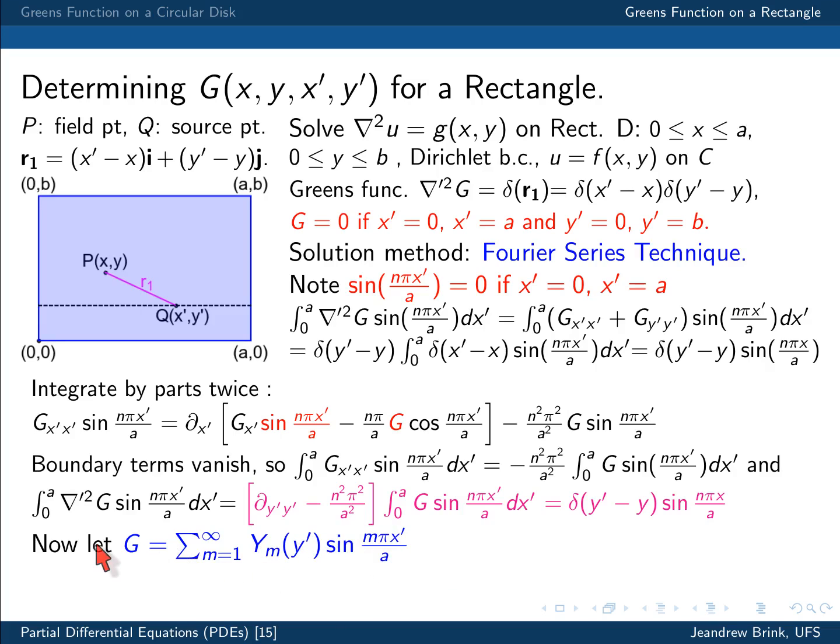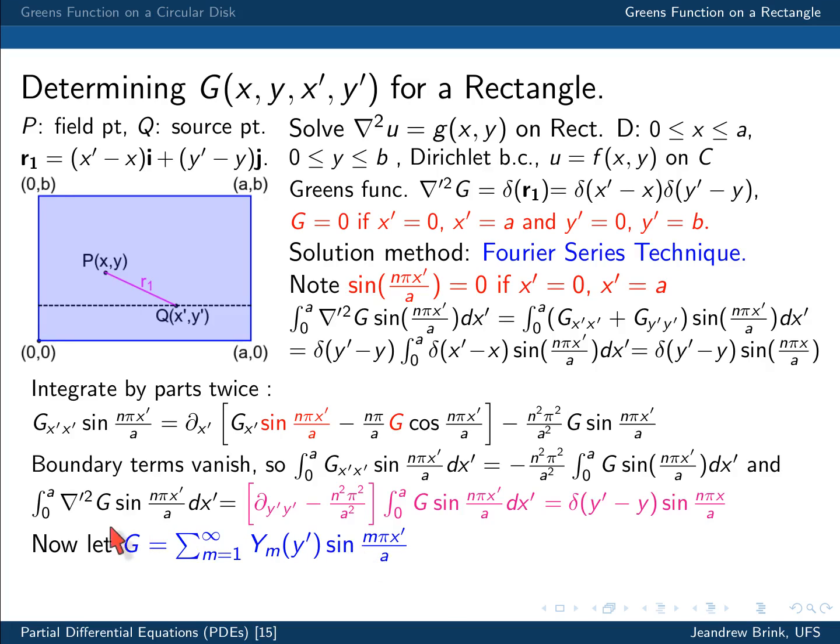So we're going to say g is equal to an expansion over sine m pi x prime over a times some function of y prime, and we sum it from m equals 1 to infinity. So if you've ever done any work in Fourier series, you'll know that you can always do this and that it's a complete basis, provided g is sufficiently smooth. Okay, and in this case it is.